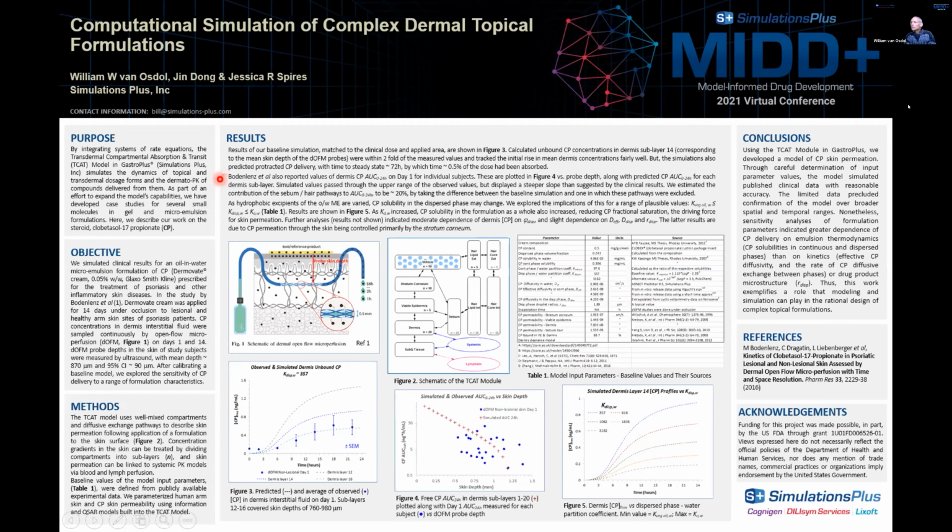Simulated values pass through the upper range of the observed values, but displayed a steeper slope than suggested by the clinical results. So once again in figure 4, the DOFM results are plotted as the filled circles, and the simulated clobetasol propionate concentrations in dermis sublayers 1 through 20 are shown by the red crosses.